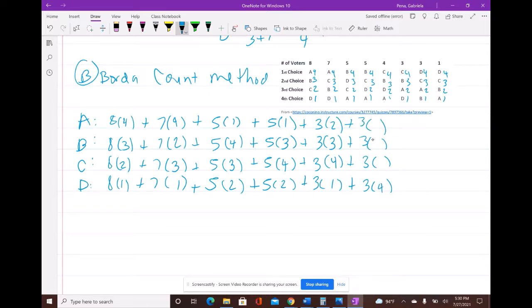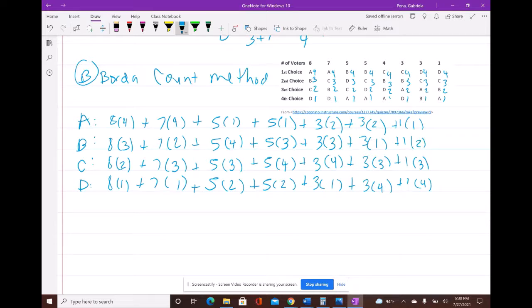Four is D, 3 is C, A, and 1. So this is just 1. D is 4, 3 is C, 2, and 1.